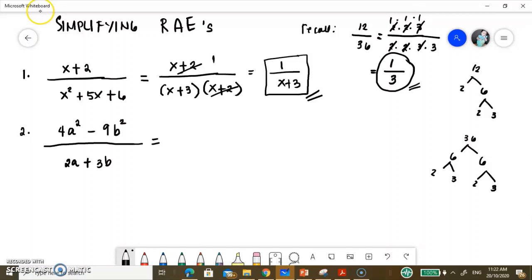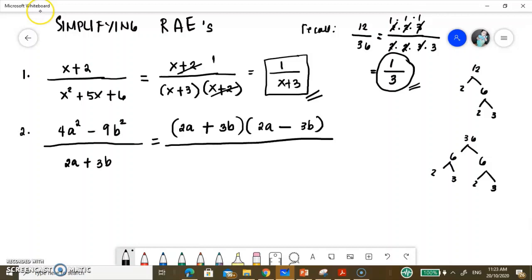So, we have the difference of two squares here. How do we factor the difference of two squares? We just get the square root of the first term. So, that's 2a. And the square root of the second term. So, that is 3b. And then you write them as a sum and difference. So, 2a tsaka 3b. Kung dito mag-plus ka, dito minus, right?